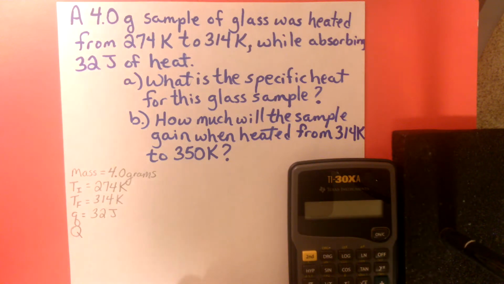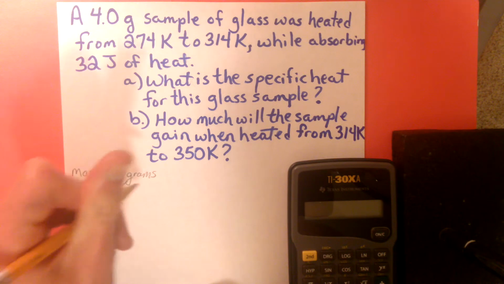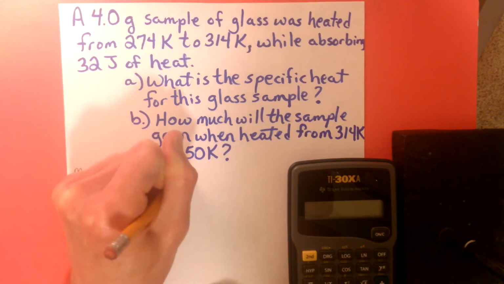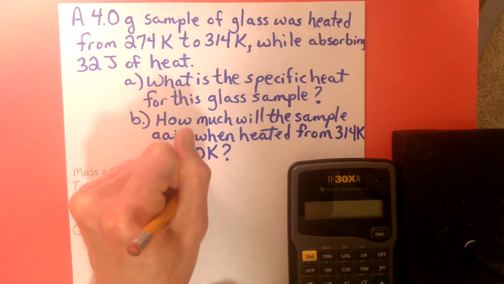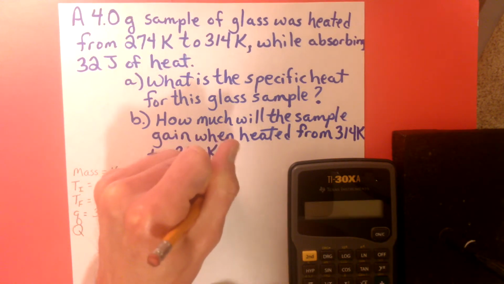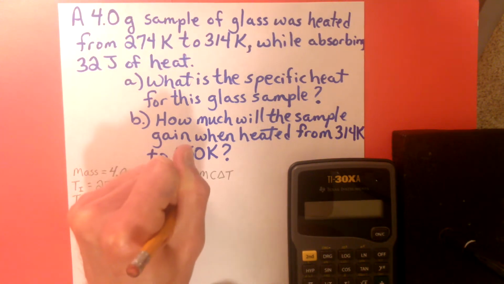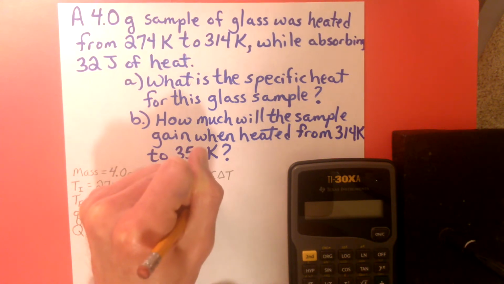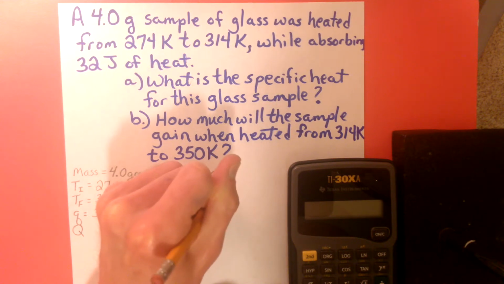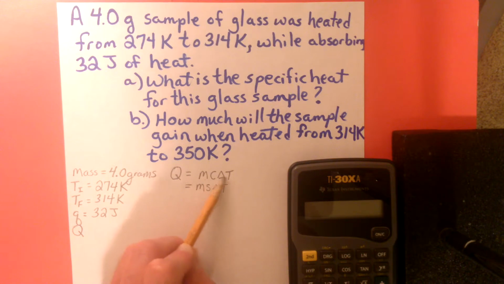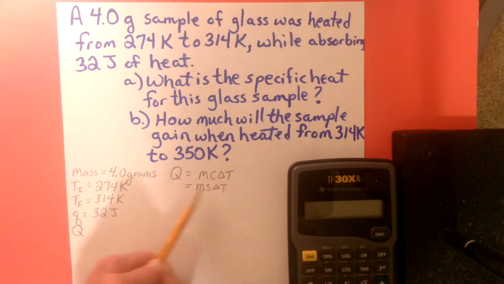Now, hopefully you have reviewed your notes and you have somewhere in your notes a formula with Q equals mc delta T. Again, some textbooks will use ms delta T. So I often call these equations mcat because that looks like CAT to me, or msat, SAT.